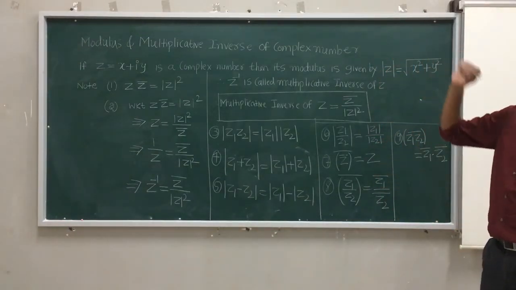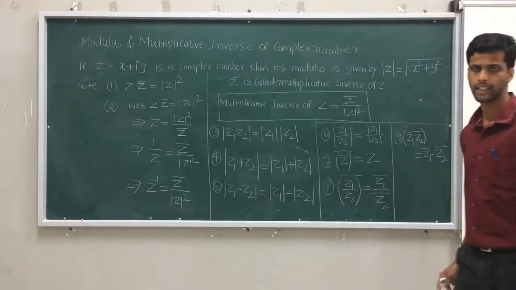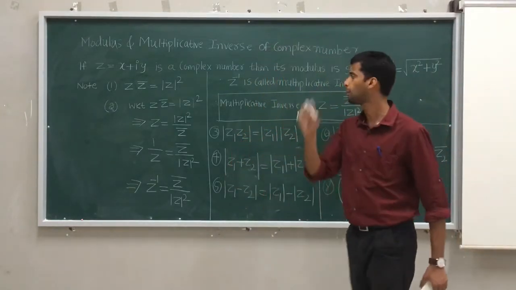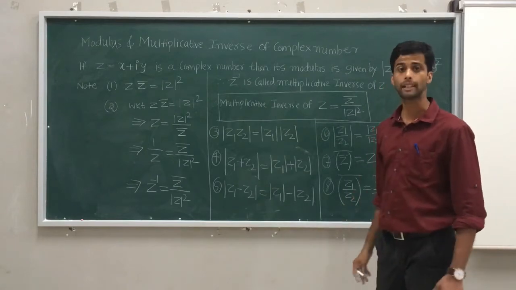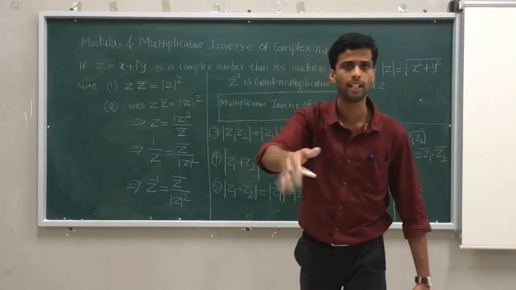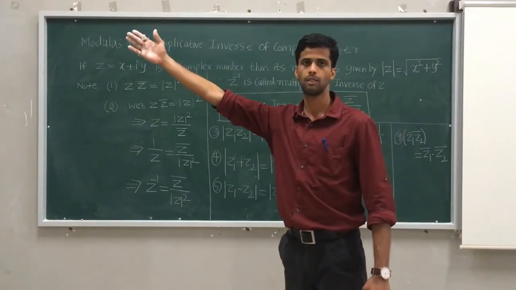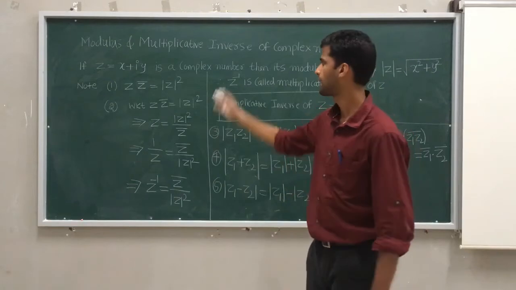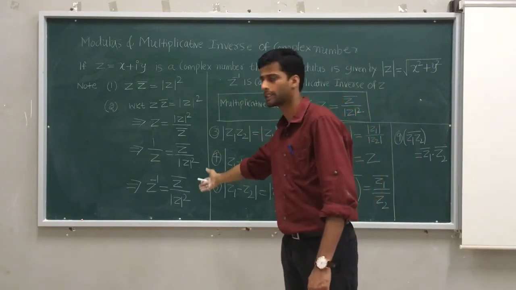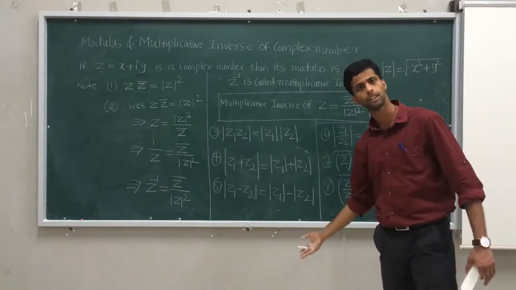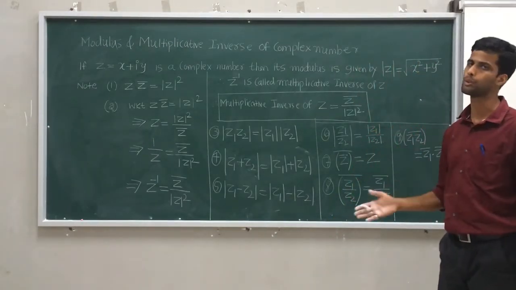And first one is modulus. How to find modulus? For a given complex number z, modulus is given by the square root of x square plus y square. What it gives me is the distance of that point x comma y from the origin. How far from the origin that point is, that is the modulus of a complex number. Based on the ideas I developed, now I'll solve a few questions.